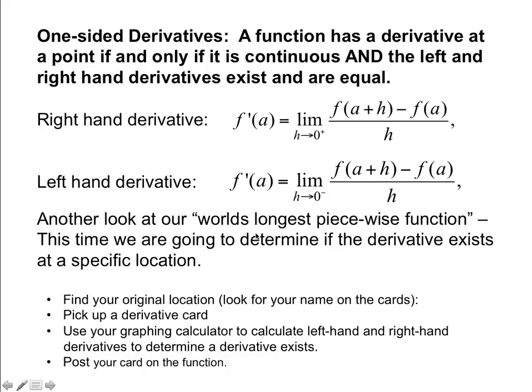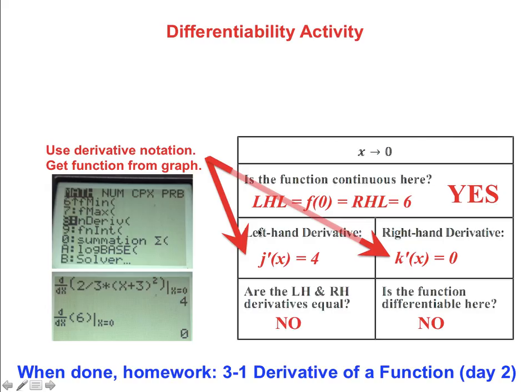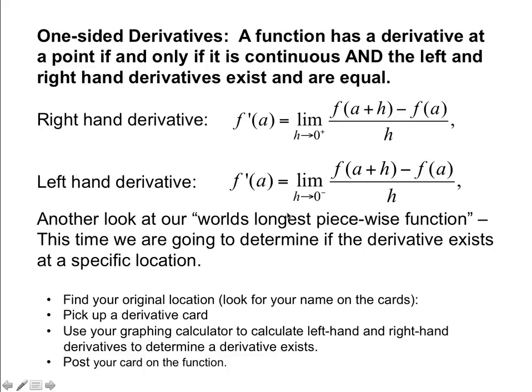So if we look at our world's longest piecewise function, which I realize you can't do in this video, we're going to see whether our derivative exists at specific locations.